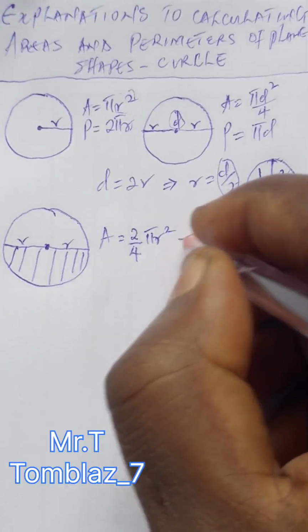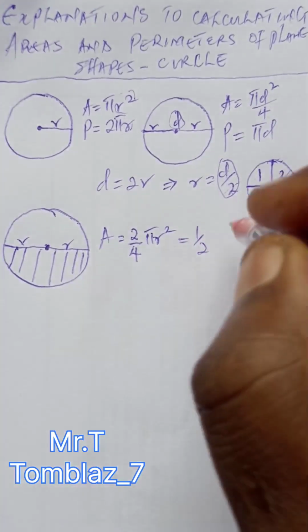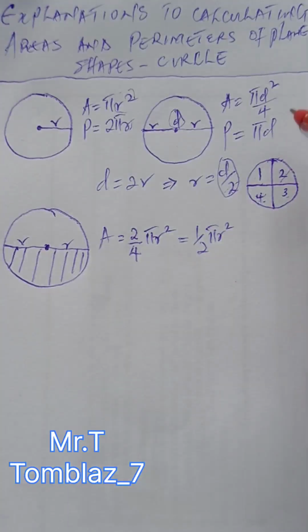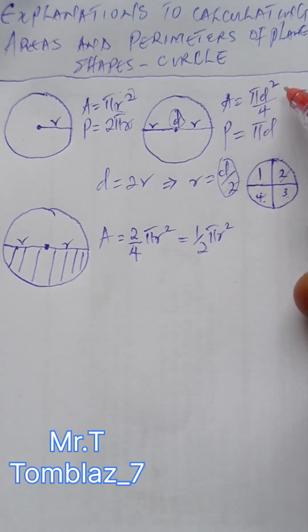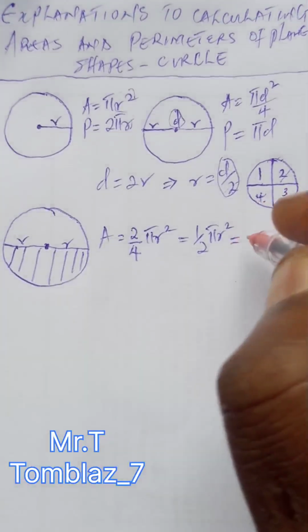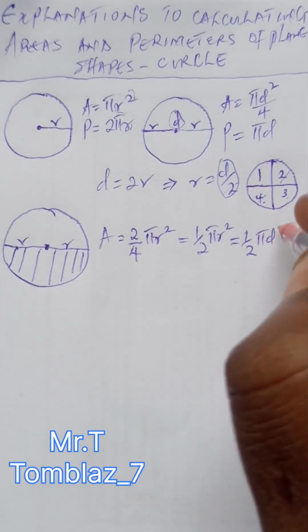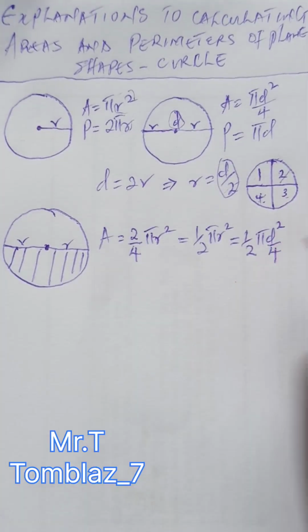So this can be reduced to 1 over 2 pi r squared. Now if we prefer to use d, then the area will be 1 over 2 pi d squared all over 4.